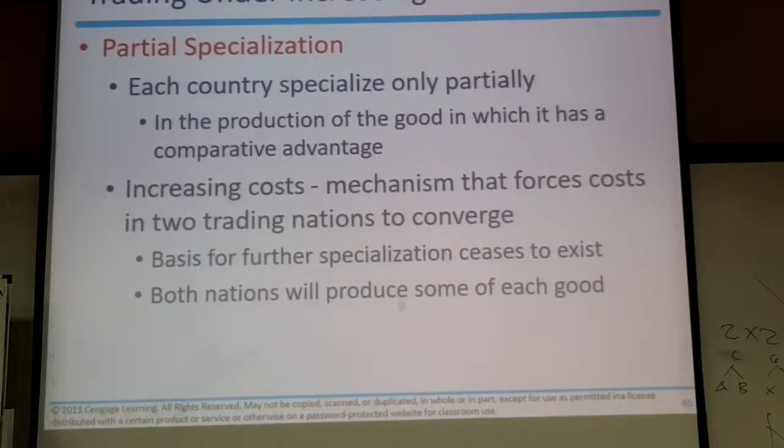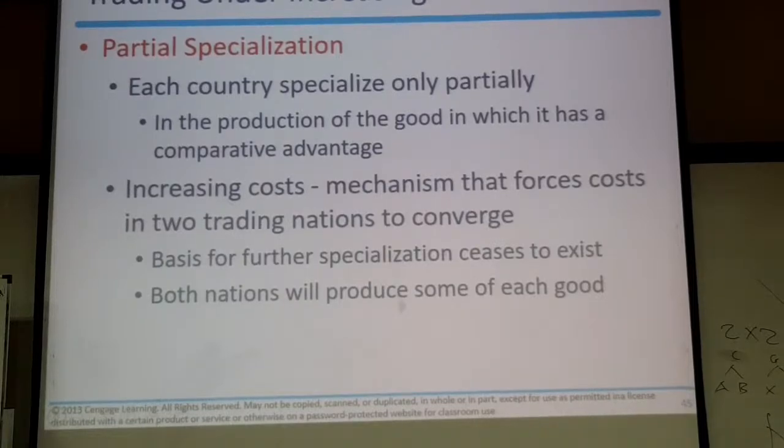So partial specialization. Each country specializes partially in the production of goods in which it has comparative advantage. Mechanism that forces costs in trading nations to converge. Basis for further specialization. No more.